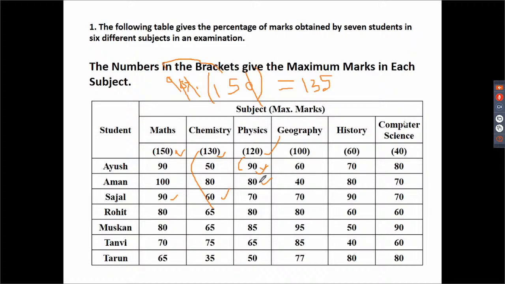90 plus 80 is 170, 170 plus 70 is 240, 240 plus 80 is 320, 320 plus 85 is 405, 405 plus 65 is 470, 470 plus 50 is 520.